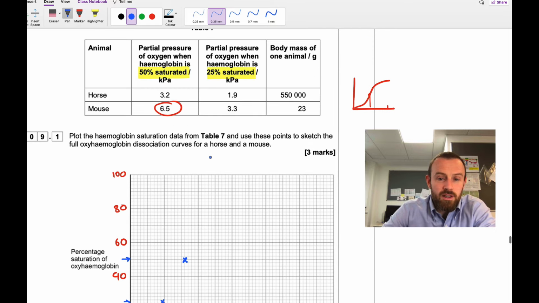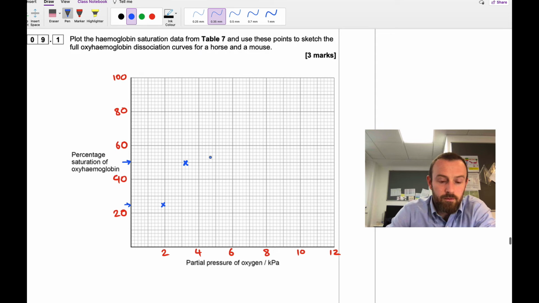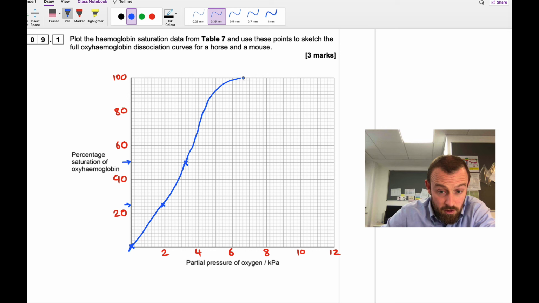Okay, and now we want to try and sketch that graph for the horse. It's going to be 0, 0. It's going to be something like, and then I'm going to want to keep it going, and it's going to tail off to 100.